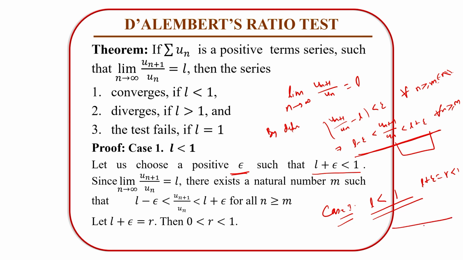So we have 0 to 1, and L is less than 1 here, and then L plus epsilon is also less than 1. So L plus epsilon equal to r lies between 0 and 1, right? So r has the lower bound 0 and the upper bound 1.